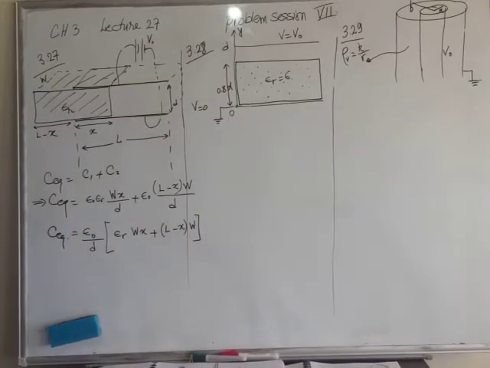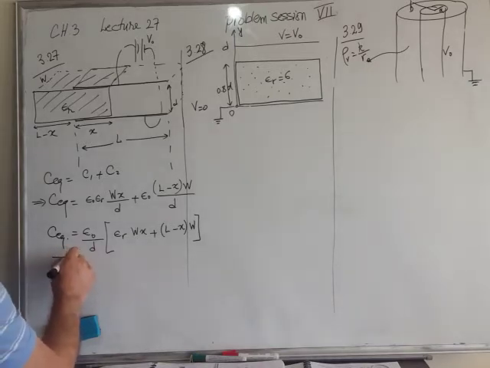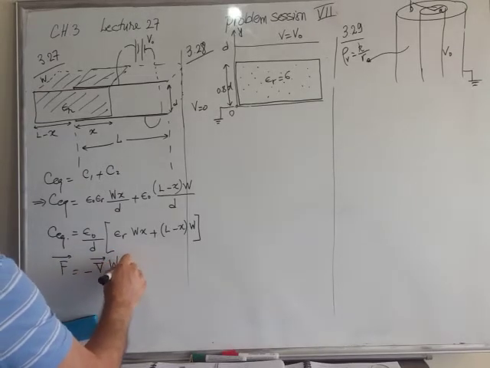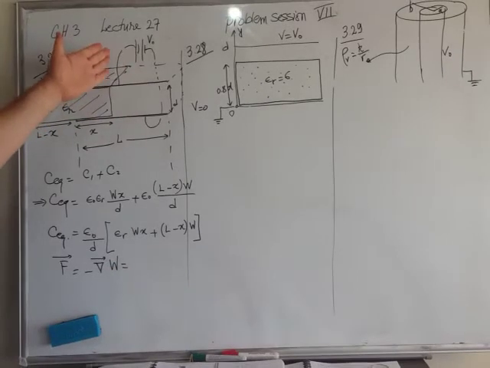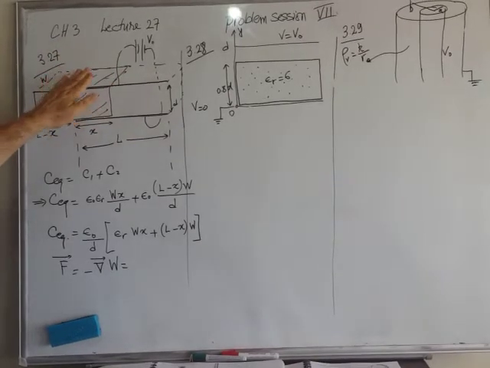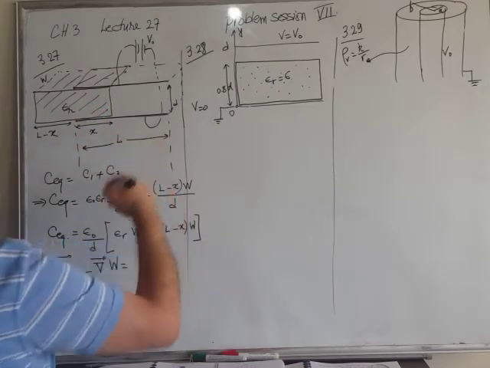Now we want to find the force. One very quick method of finding the force in such a case, as we have done in the course, is by applying the relation between the force and energy, F equals minus grad of W. After disconnecting the capacitor from the battery, you are preserving the charge on the upper and lower plates.